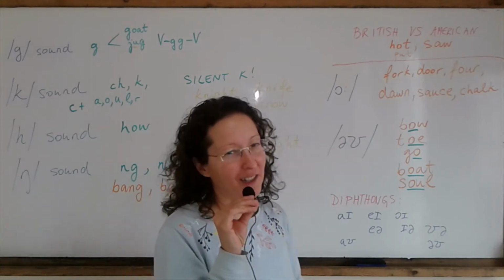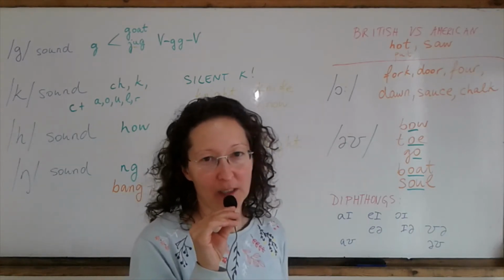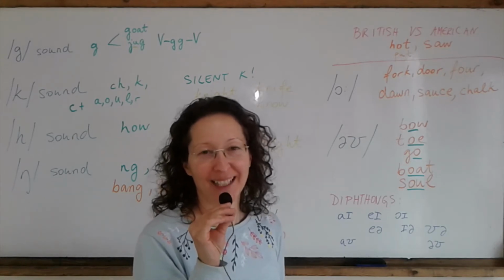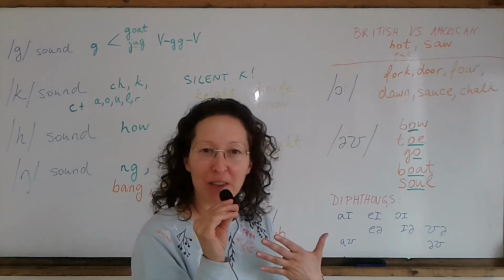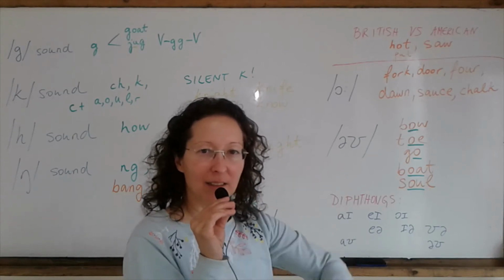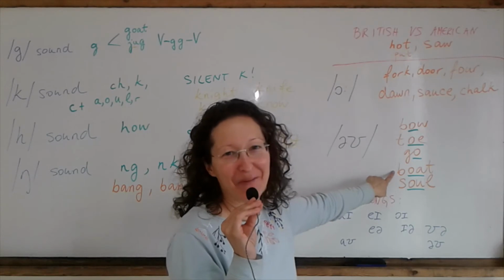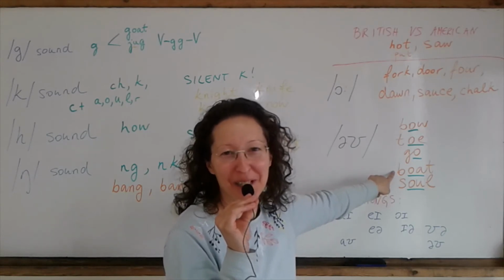One very interesting and very English diphthong is O. It's very soft at the beginning and rounded at the end. And as you can see, it can be written in many different ways.